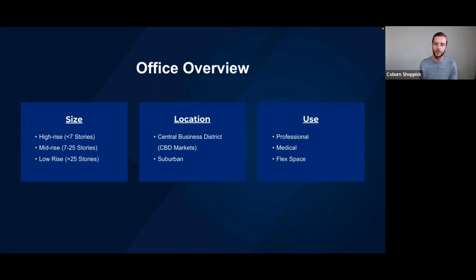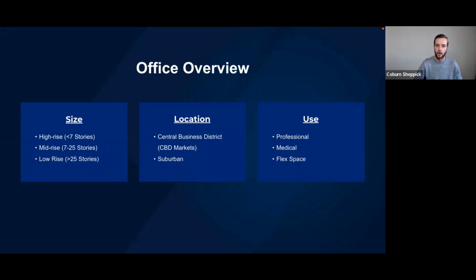Moving on to location, which is what would make a development high rise, mid rise, or low rise. There are two types of locations when looking at office space: a CBD market, or central business district, or a suburban market, which is outside of that downtown area. When we think of big office space or high-rise buildings, 99% of them are in a CBD market.